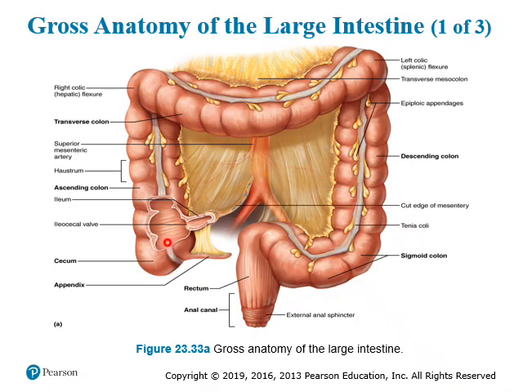So the regions are as follows. First, you have an ascending colon on the right side. Your cecum is on the lower right side of your abdominopelvic cavity, and it is connected to the ascending colon. The ascending colon makes a right angle turn, and it forms a flexure, which is called the right hepatic flexure.